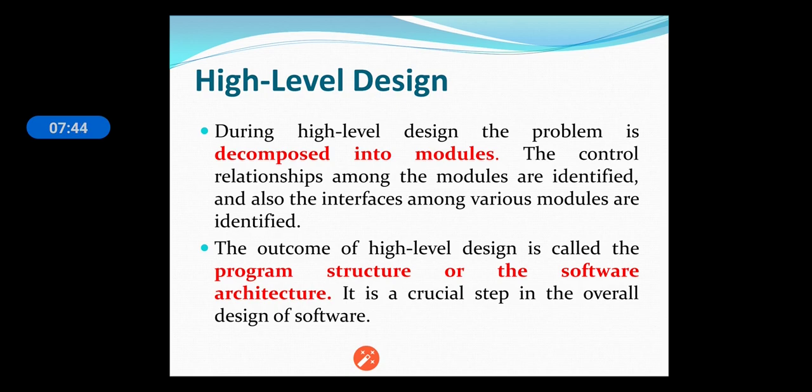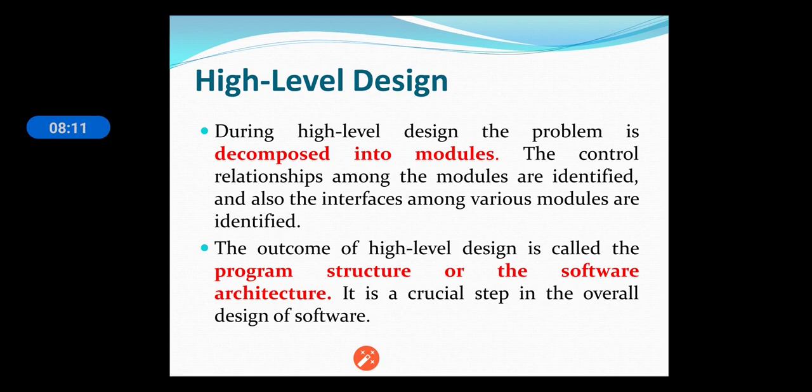By applying the divide and conquer principle, the major problem is decomposed into sub problems, and now those sub problems we are considering as modules. Later we need to identify the control relationship among those modules, and also interfaces among various modules. Finally the outcome of this high level design is called the program structure or software architecture.